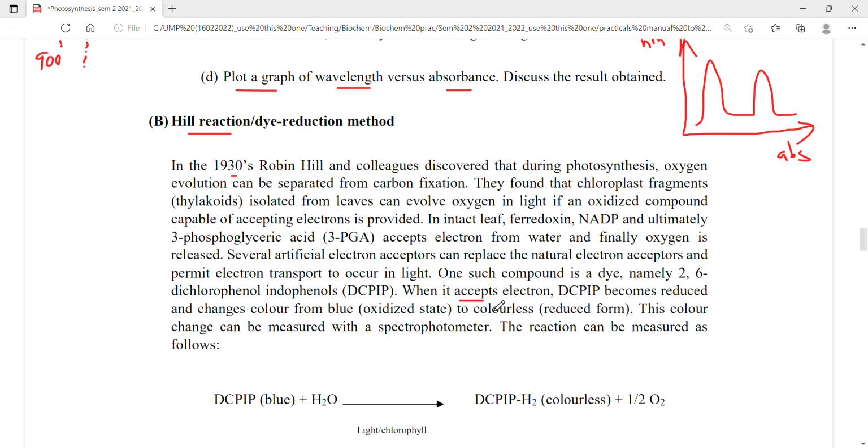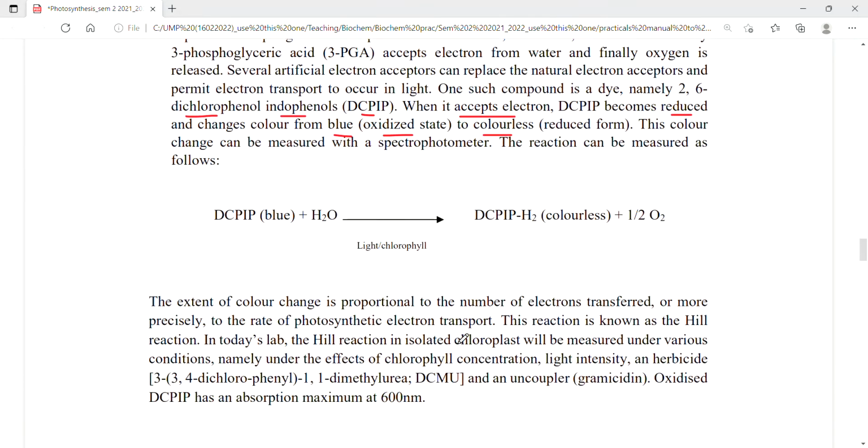It accepts electrons: DCPIP, which stands for dichlorophenol indophenol, accepts electrons, becomes reduced, and changes color from blue, which is the oxidized state of DCPIP, to colorless.